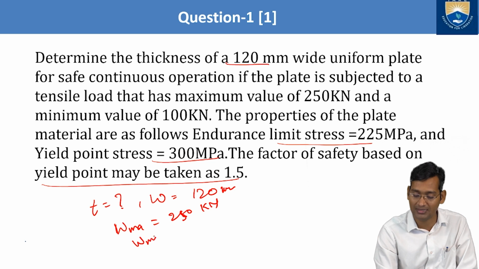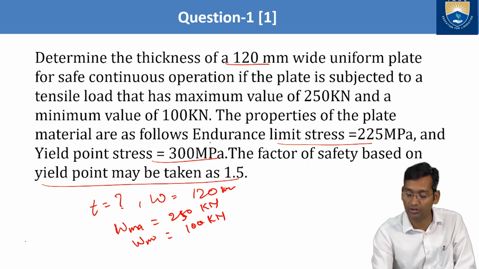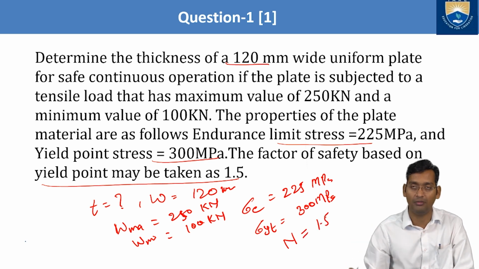W mean is given as how much? 100 kilo Newton. Now endurance limit sigma E is given as 225 megapascal, and sigma YT is given as 300 megapascal, and the factor of safety N is given as 1.5. So these data are given.